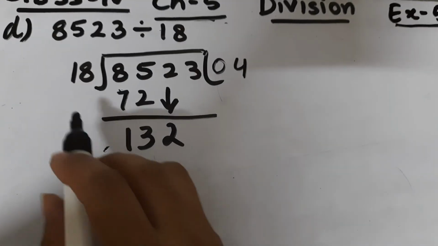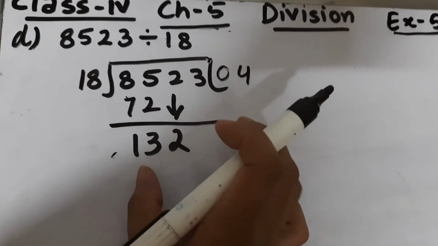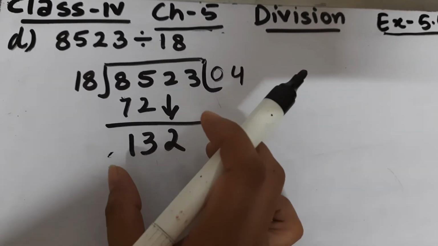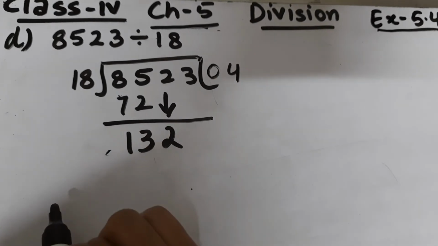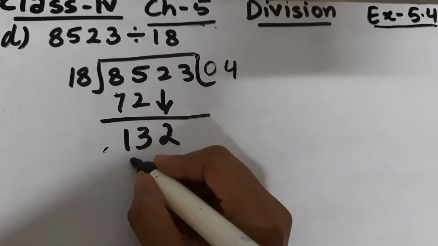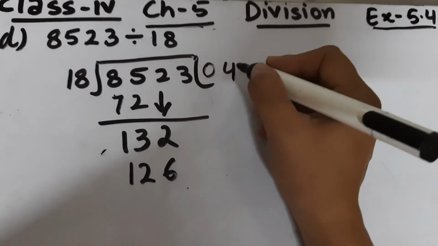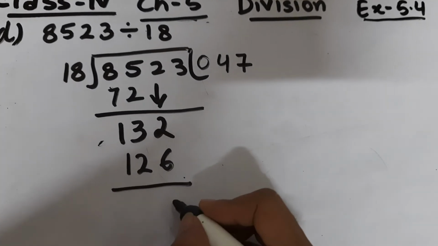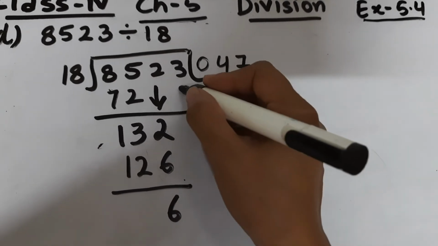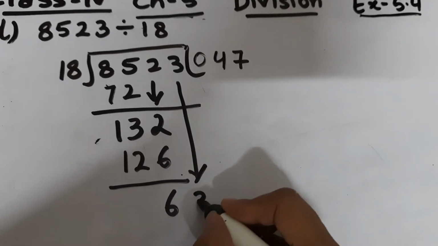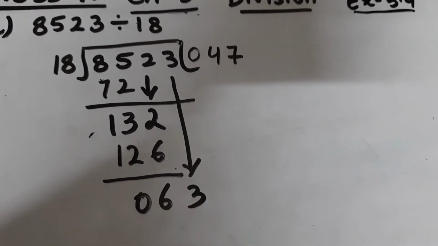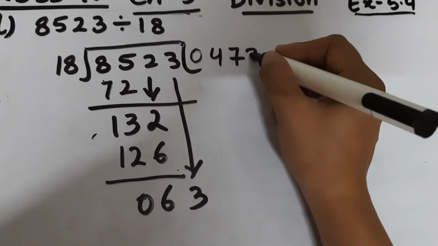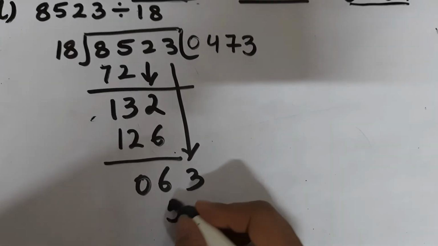Does 132 come in the table of 18? No, 132 doesn't come in the table of 18, so we will take a number that is just smaller than 132 and comes in the table of 18, and that is 126. 18 sevens are 126. Okay, now subtract it. 12 minus 6 is 6, and bring this 3 down. This will be 0. 2 minus 2 is 0, and 18 threes are 54.